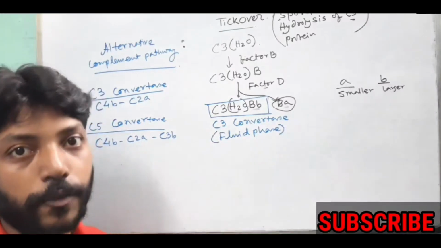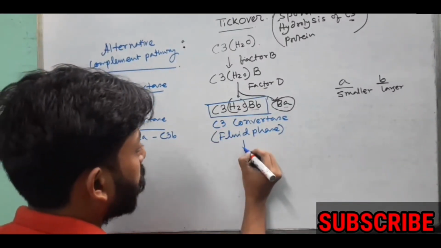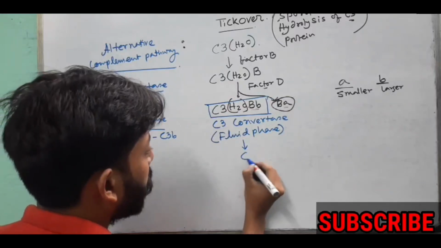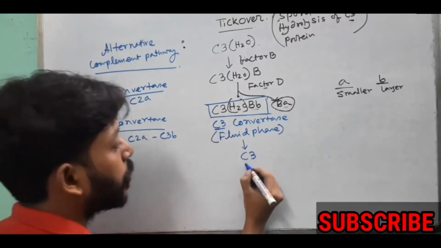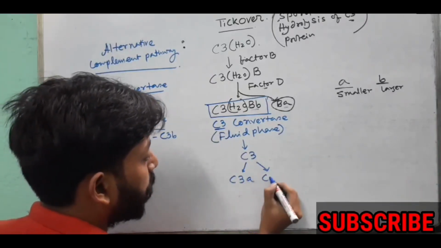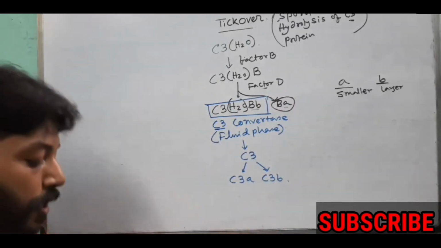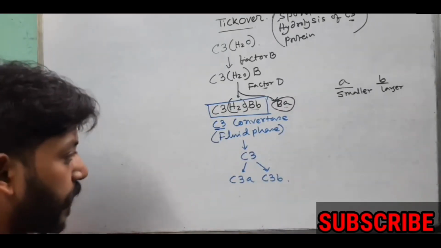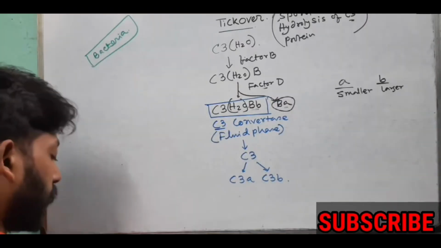But if there is an infection, then what happens? This C3 convertase cleaves the C3 protein. As the name C3 convertase suggests, it can cleave the C3 protein into two fragments, C3a and C3b. If there is any bacterial infection or bacteria present in the serum, then what happens?